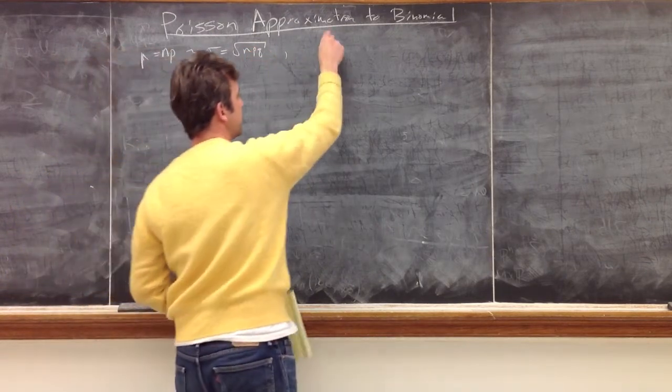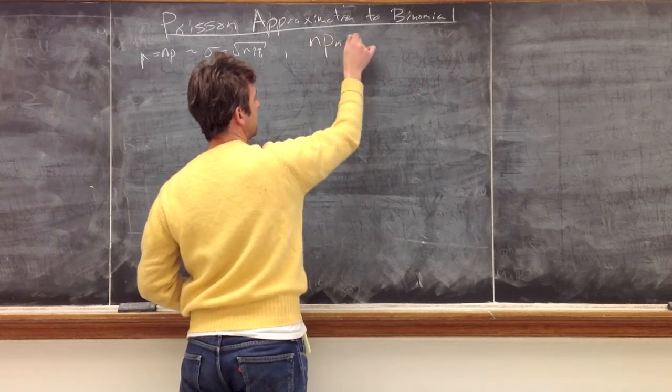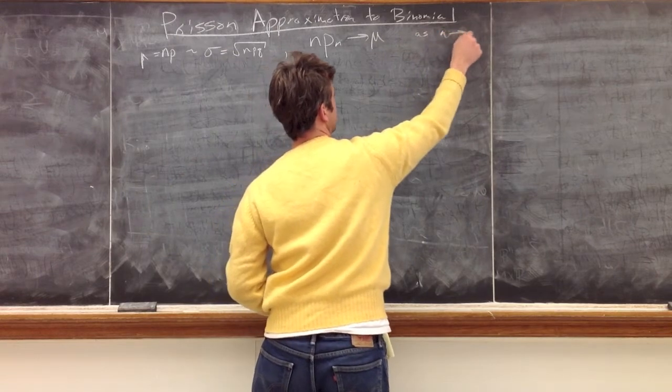And more formally, we're thinking of a sequence of p's, so think of it such that n times p is converging to some number mu as n goes to infinity.